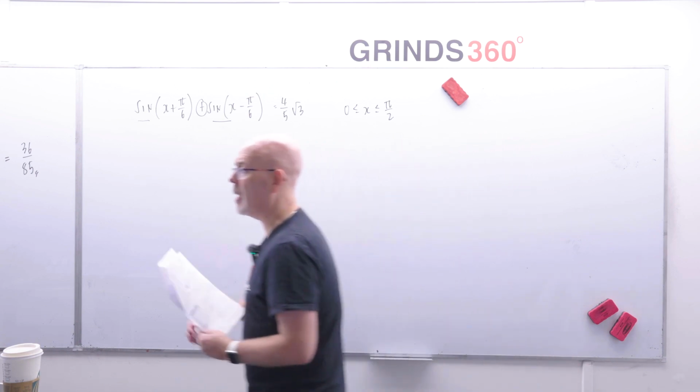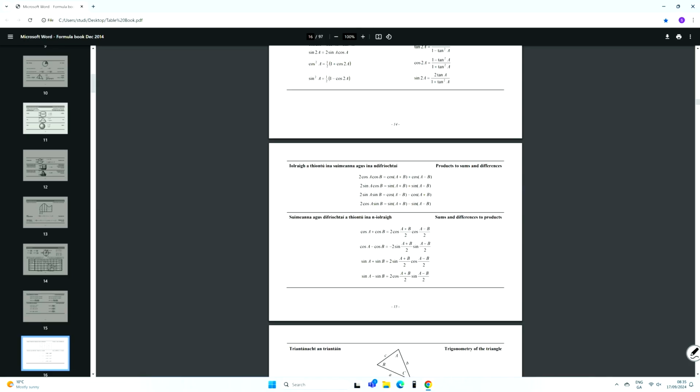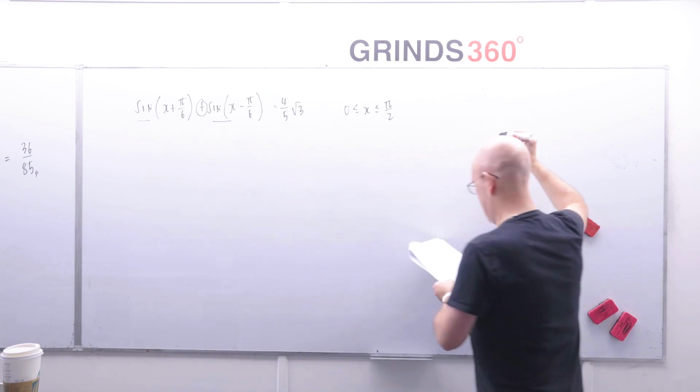The formula I'm going to use is this one, sine A plus sine B. I'm going to replace the A in this formula with x plus pi over 6 and the B with x minus pi over 6.